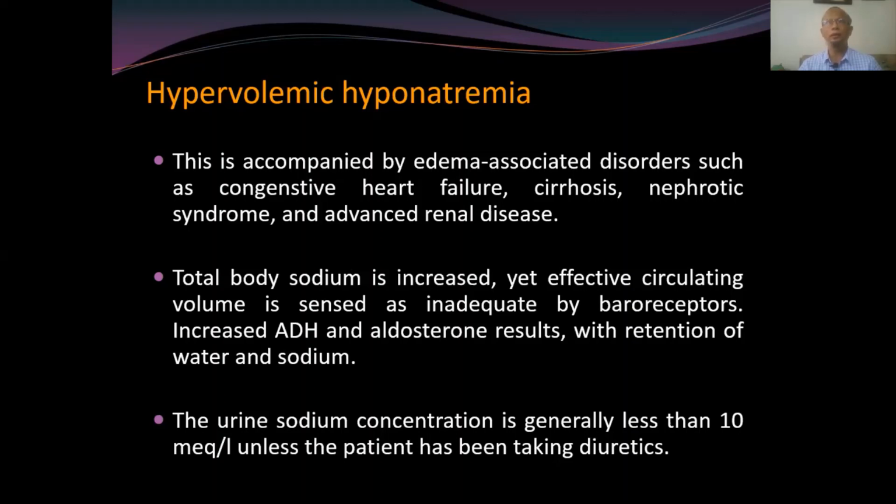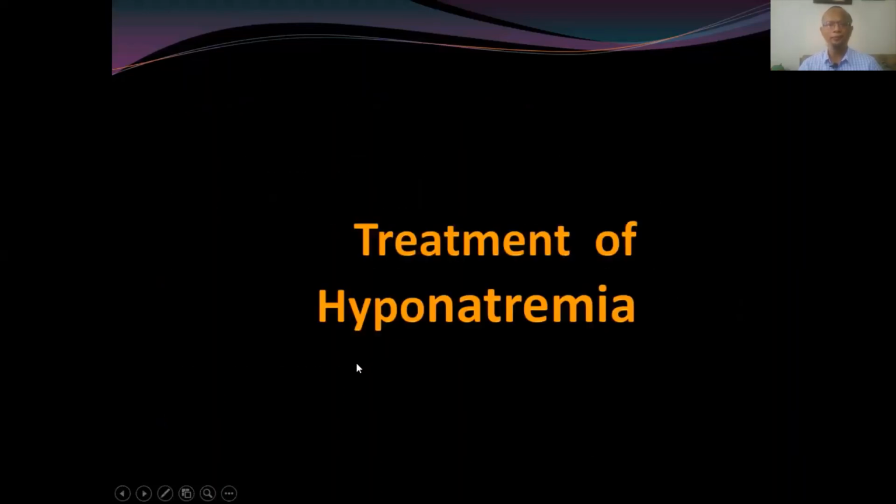So cardiac return is less, cardiac output is less, effective circulation to the kidney is less. So there is activation of the renin angiotensin aldosterone system, and there is more fluid retention. The urine sodium concentration is generally less than 10 milliequivalent per liter unless the patient has been taking diuretics, because the body will try to reabsorb more sodium to correct it.